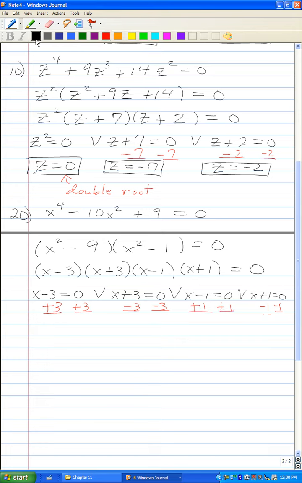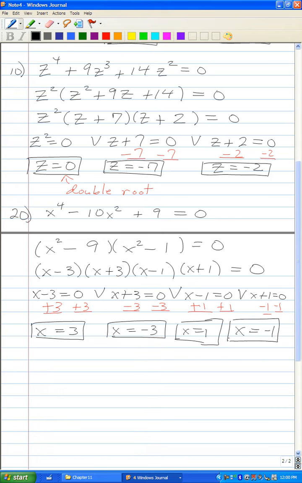And so I get x equals 3, x equals negative 3, x equals 1, x equals negative 1. And so I notice that there are 1, 2, 3, 4 solutions for this fourth degree equation. So I found all the solutions.